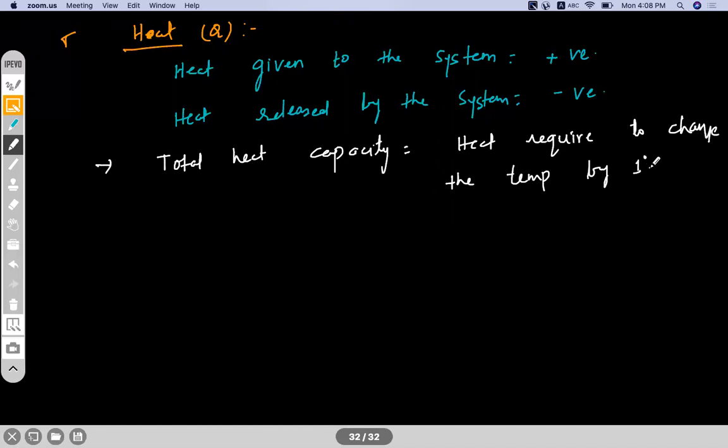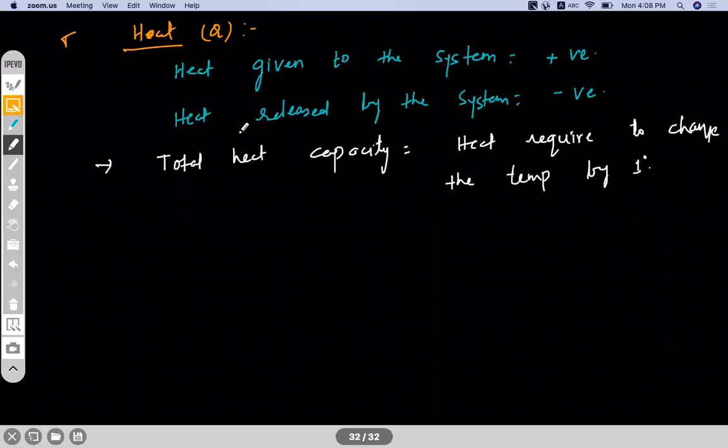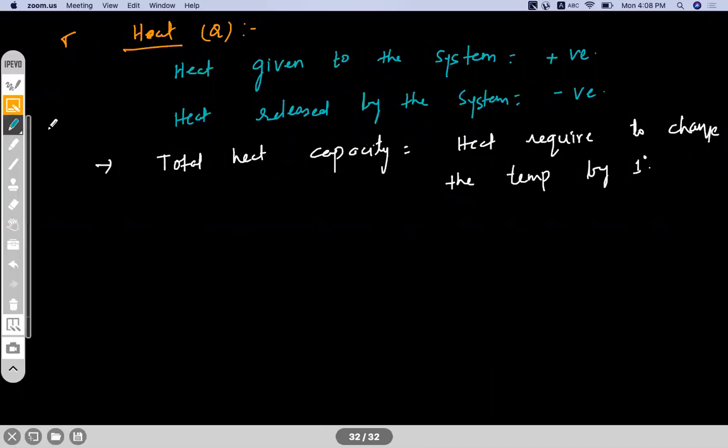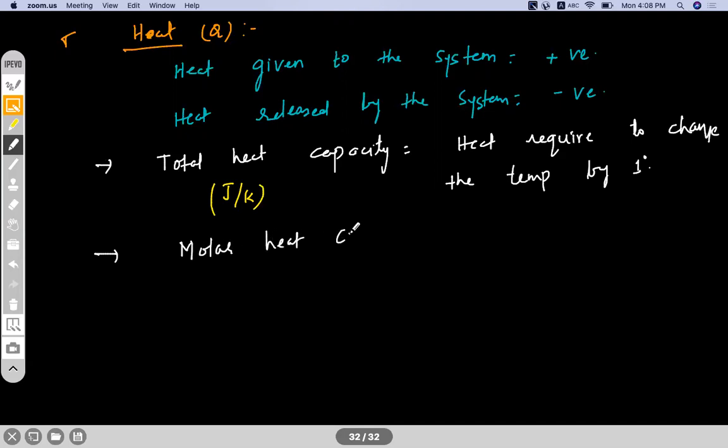This is the total heat capacity. The unit is joule per Kelvin. In this we have two types: molar heat capacity and specific heat capacity.